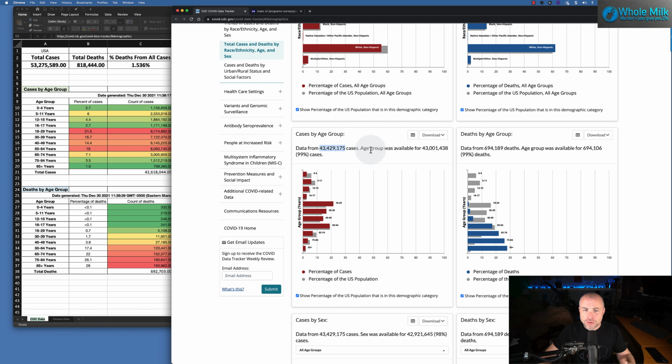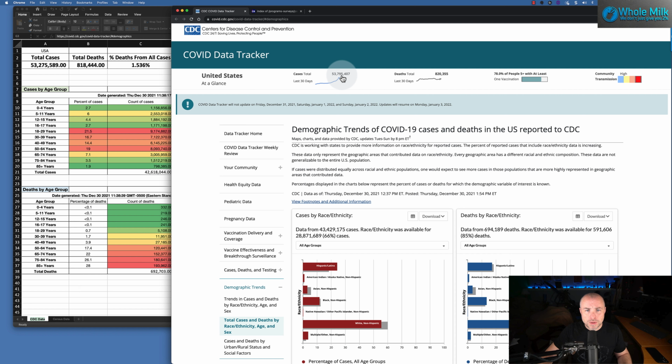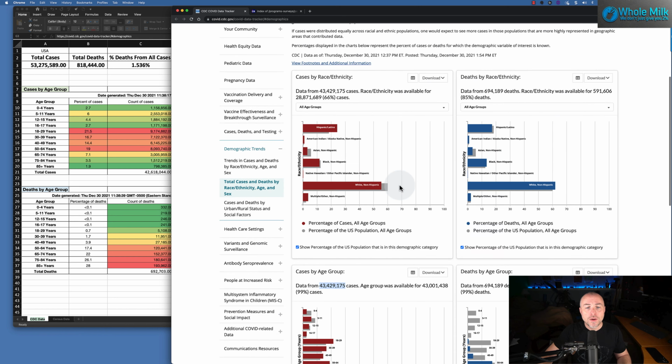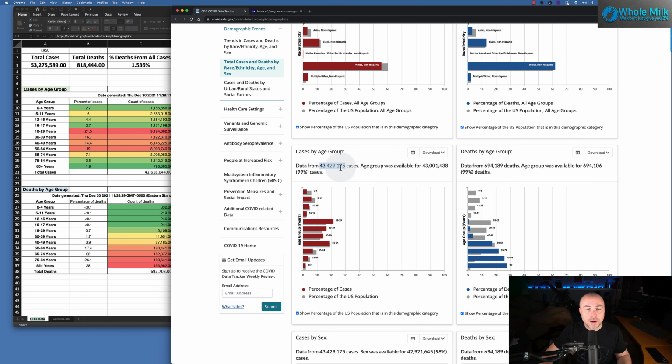It's just strange that they're only accounting for 43 million cases versus the 53 million that they are stating we've had. That is 10 million cases. Just want to point that out: the total cases the CDC is saying we've had versus the data these data sets are based off of, there's a discrepancy.